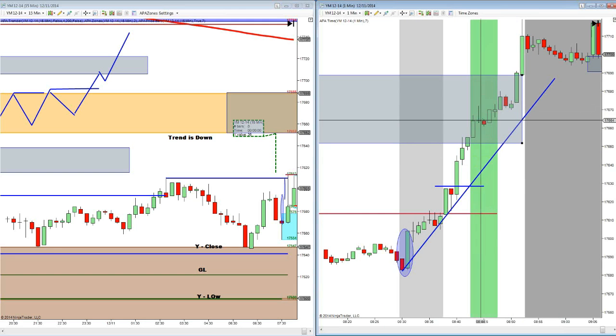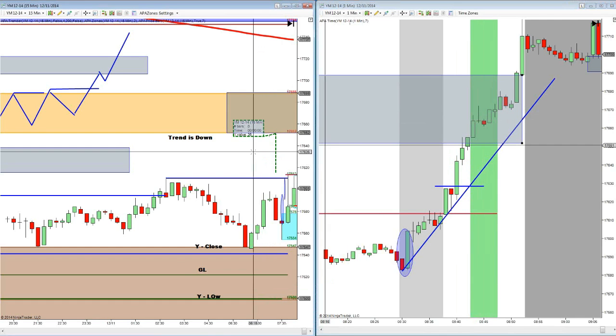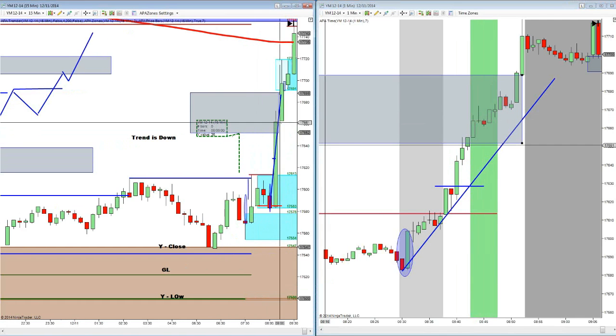Okay, so yes, the doji does represent exhaustion, and you know, 2 ticks below the doji, if you're doing this, you're trying to pick the top. If you're playing off of this doji on this time frame, you're trying to pick the top inside the middle of this 15-minute zone.